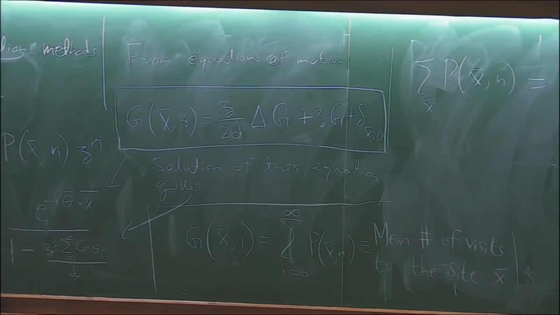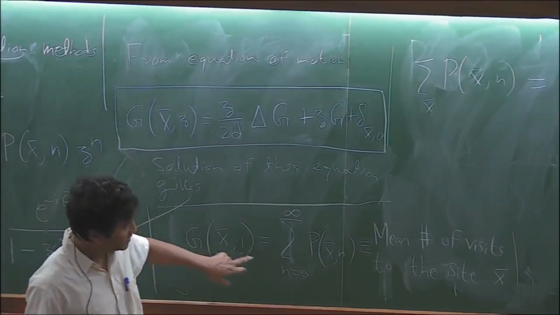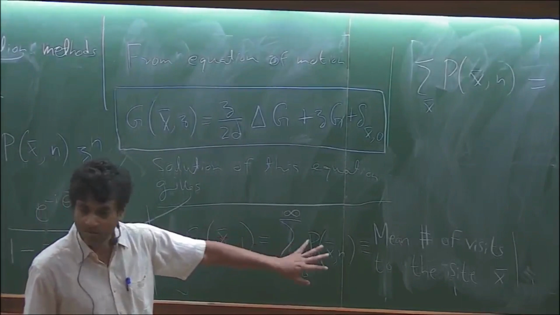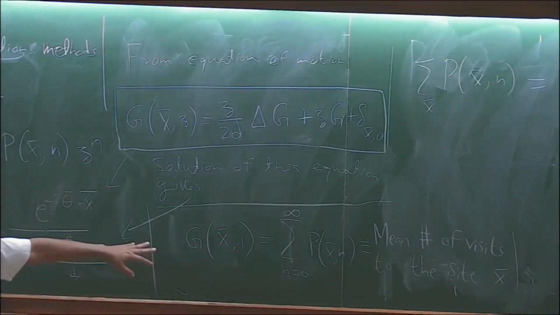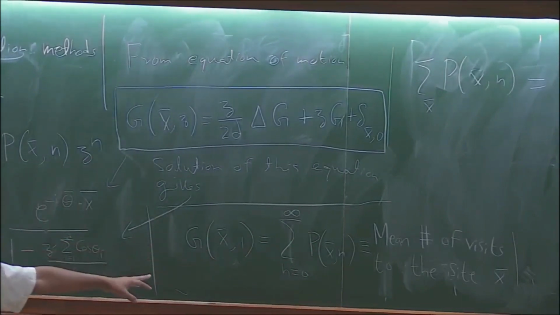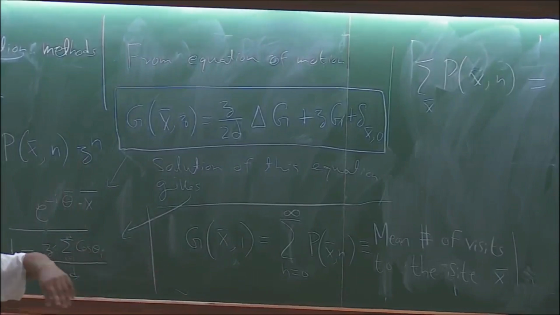Now I said that this object has the information of the mean number of visits to this site. So how do you see that this is true? Is it obvious to anyone that this is true? It's not obvious, right?